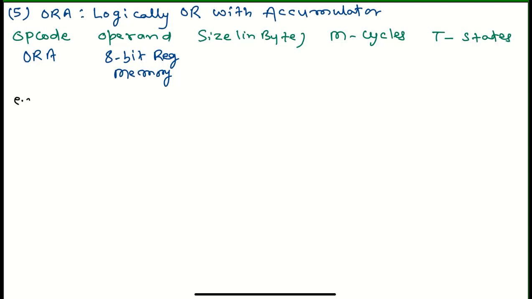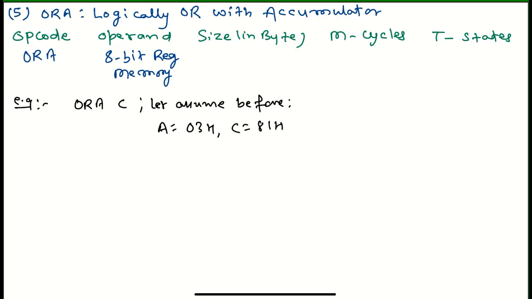Let's say I am writing ORA with the operand as the C register, and let's assume that before execution of this instruction, the accumulator content is 03H, and the C register content is 81H.